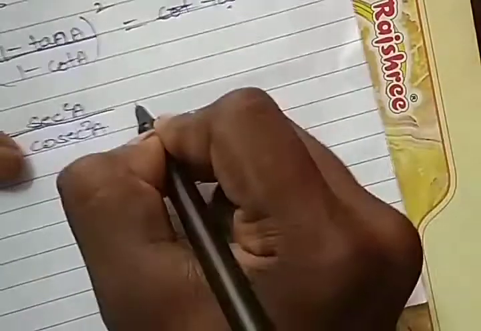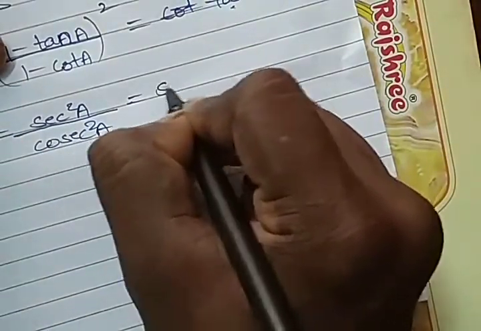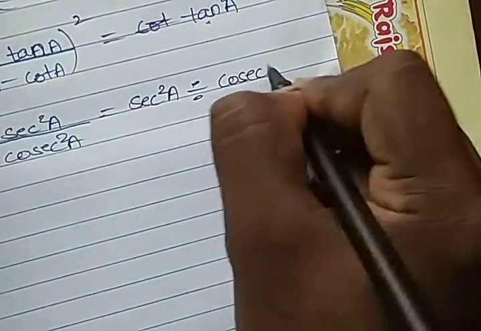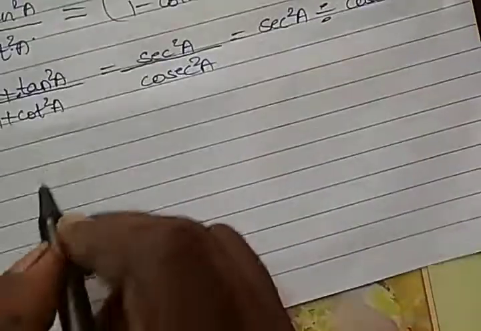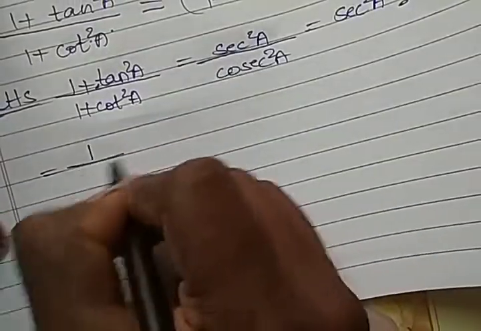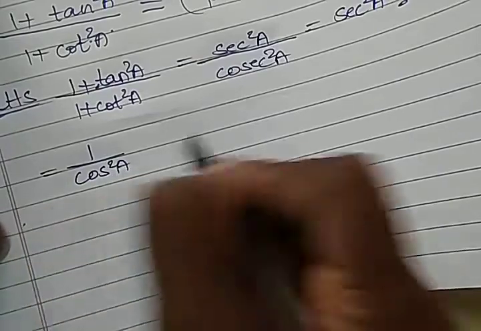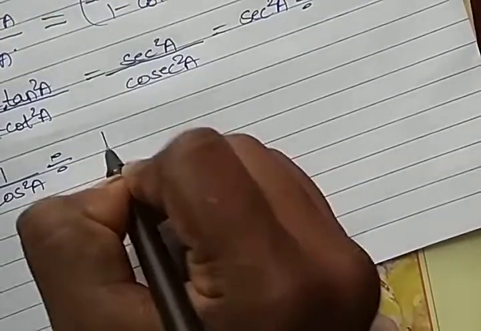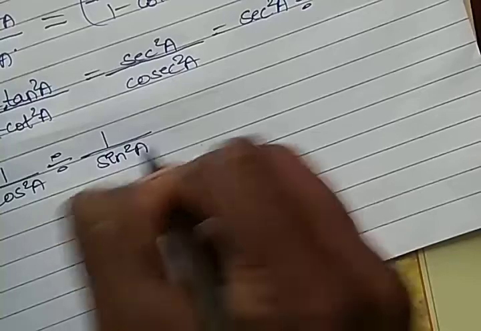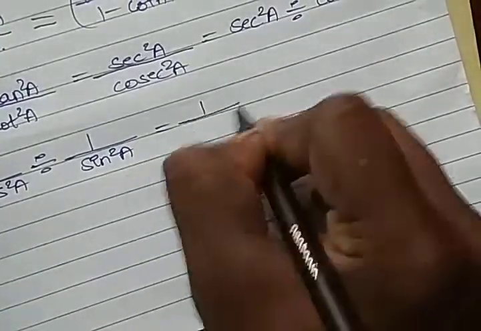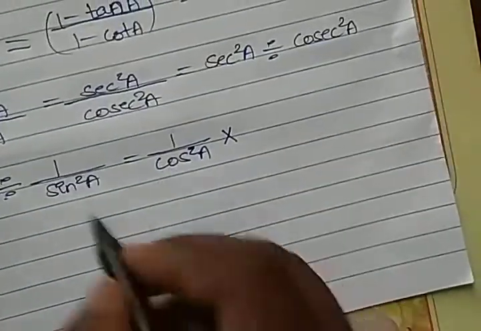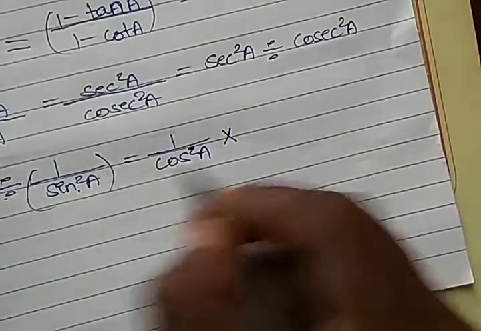Now again we can write it like this: secant square A divided by cosecant square A. Secant square can be written as 1 by cos square A, divided by cosecant square can be written as 1 by sin square A, which is equal to 1 by cos square A. Division symbol will be written as multiplication, and this fraction gets reversed.